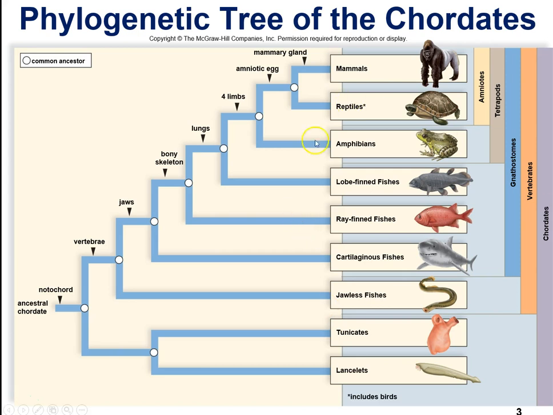Okay, so as we saw with all of our other chapters that we've done recently, we're always looking at these phylogenetic trees, right? And remember again, wherever you see these arrows indicates a derived trait. That's going to basically set this branch apart from what was present before.